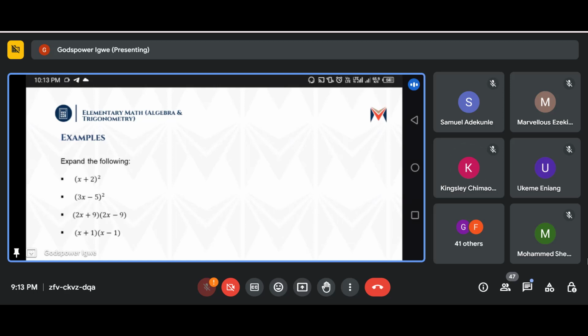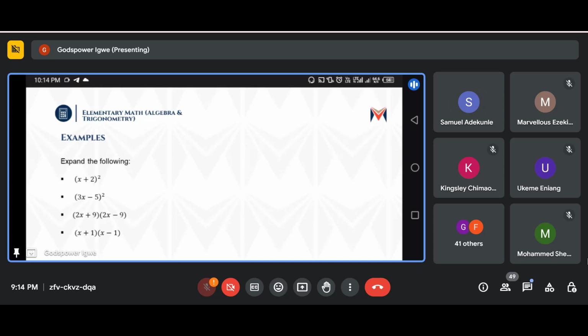So it will be 9x squared minus 2ab, where a is 3x and b is 5. So 2ab is going to be 2 times 3x, which is 6x, times 5. So 6x times 5 is going to be 30x. So it's going to be 9x squared minus 30x, then plus 25. That would be the answer of the second one.